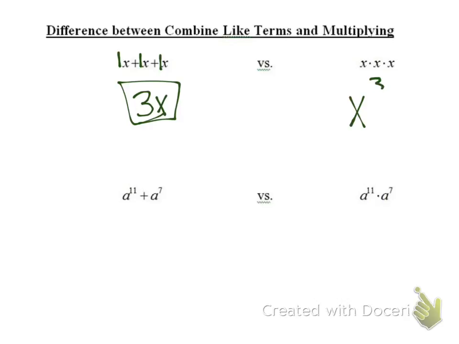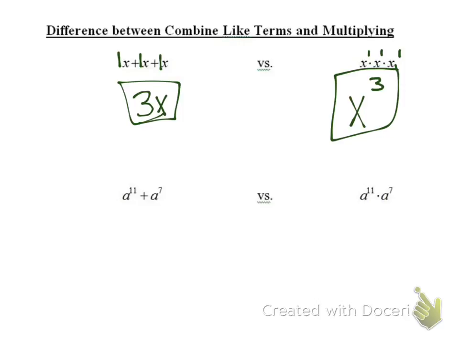X to the third power. This is the hardest part of today's lesson, knowing which one is which. When you are adding or subtracting, that's when you're combining like terms and you're adding or subtracting the numbers in the front. When you're multiplying, that's when you're adding the exponents. And these are each x to the first, x to the first, x to the first, 1, 2, and 3.